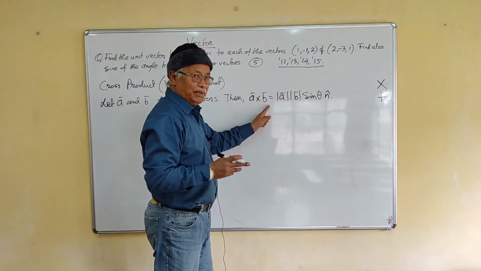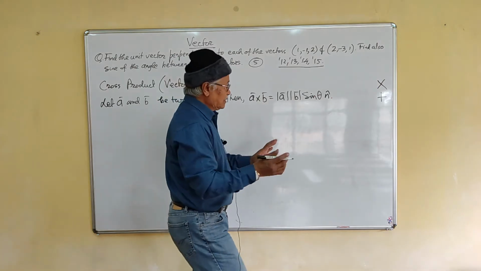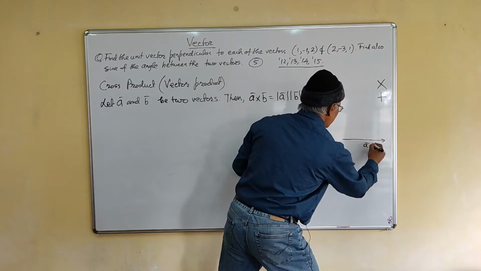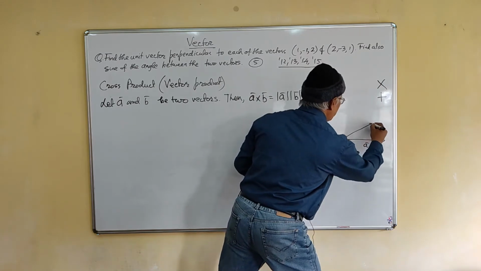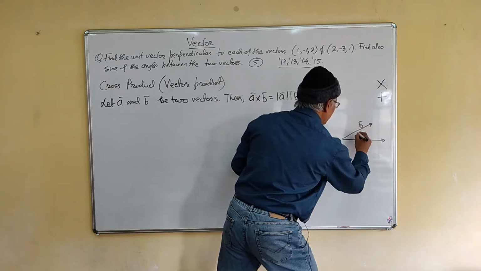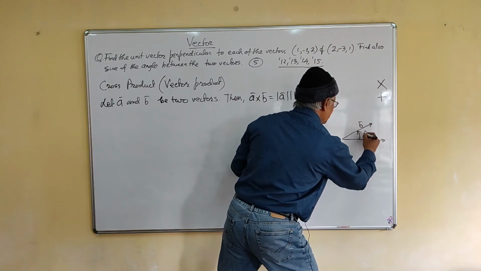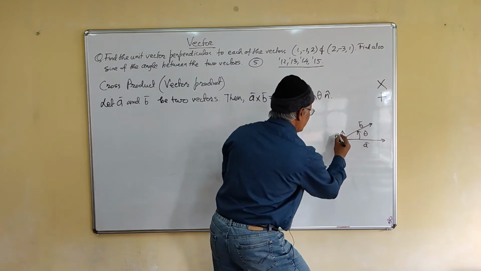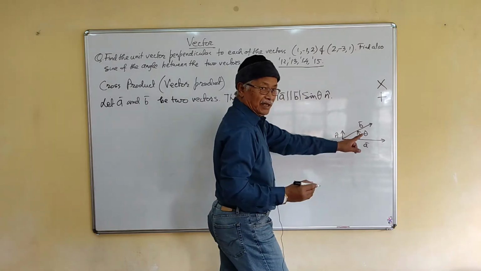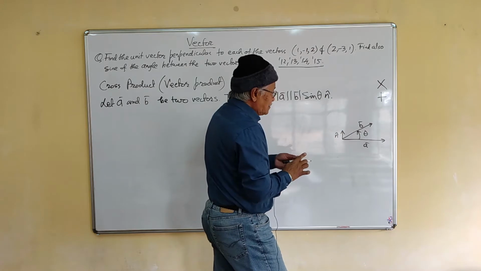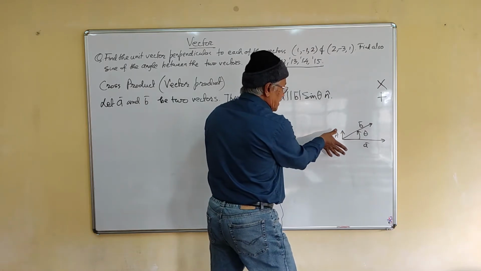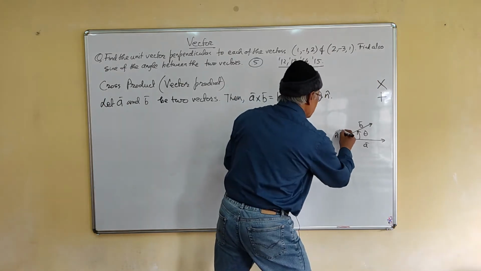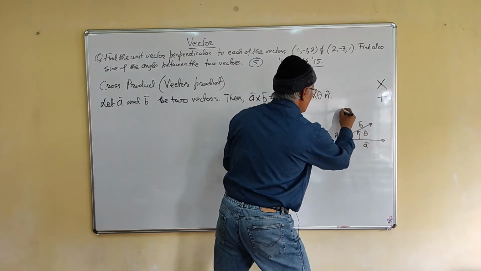n cap is a unit vector perpendicular to both A and B. Suppose this is your A, and that's your B, and theta is the angle between them. Then that n cap is a unit vector perpendicular to both A and B. So when we take the cross product of A and B, it will create a new vector perpendicular to both.